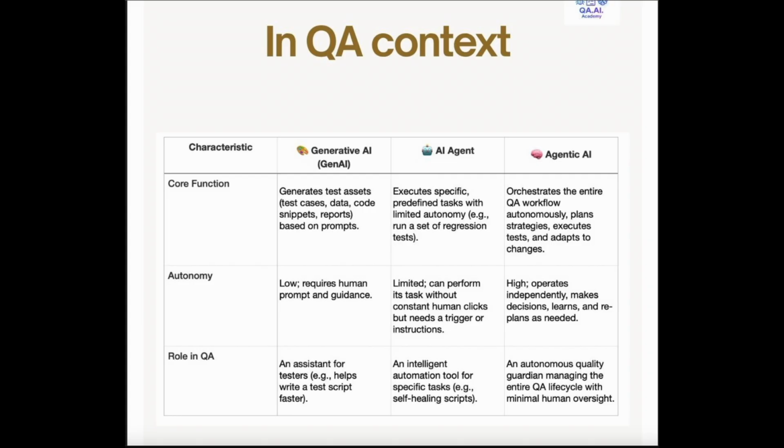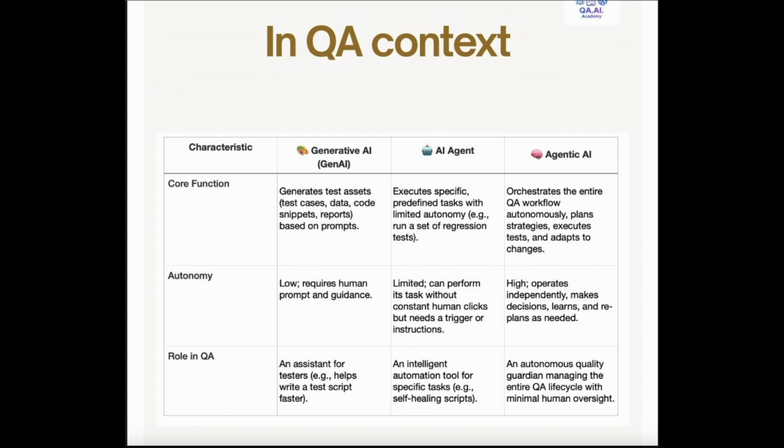And as for the role in the QA specific domain, Gen AI can be used as an assistant for testers. It can help you write test scripts quicker or give code snippets or even generate your basic cucumber feature files. Also the step definitions. But an AI agent is an intelligent automation tool for specific tasks.